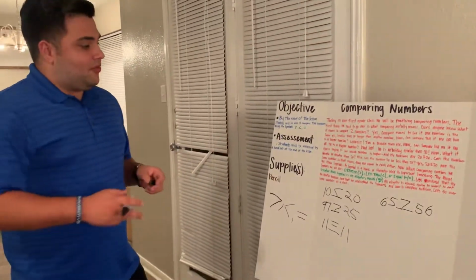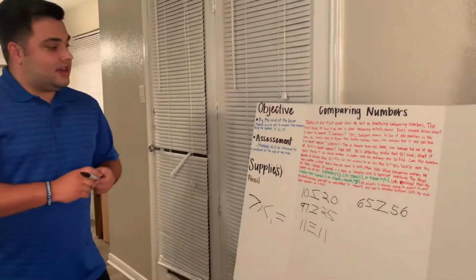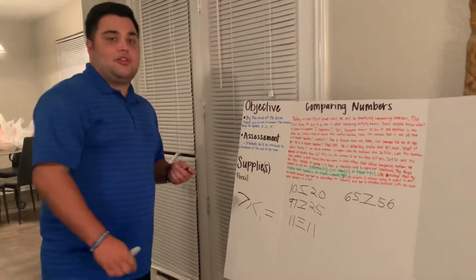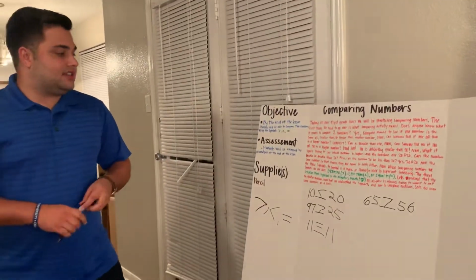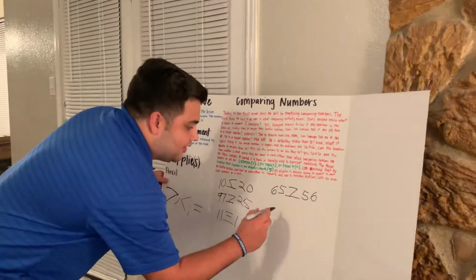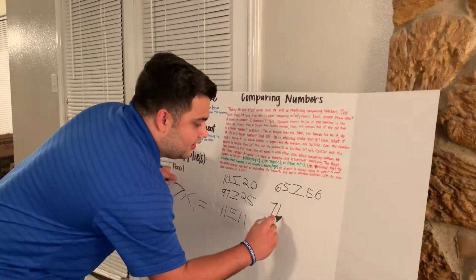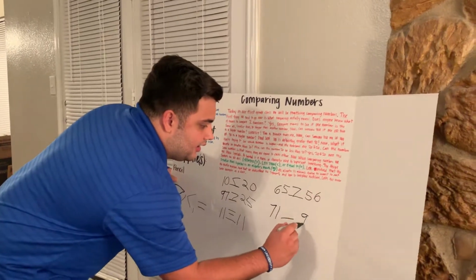Now we're going to go over a couple more, and then after that we will have a little handout that y'all will do. So let's go over about 2 more and see if we got the hang of this before the handout. So what if we have the number 71 and 99?